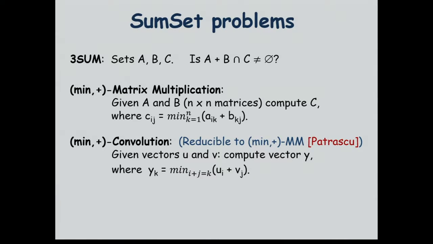In other words, you replace the multiplication with an addition, and you replace the addition with a min. Mihai Patrascu showed that you can reduce this to min-plus matrix multiplication, and therefore it's an important special case, and it has been shown to have lots of applications on its own.